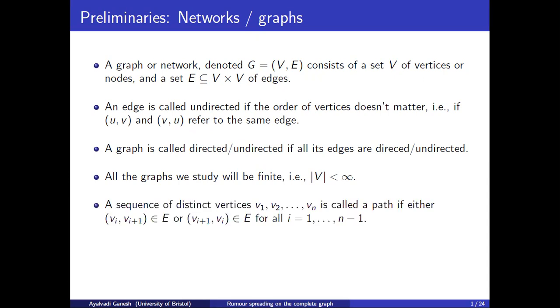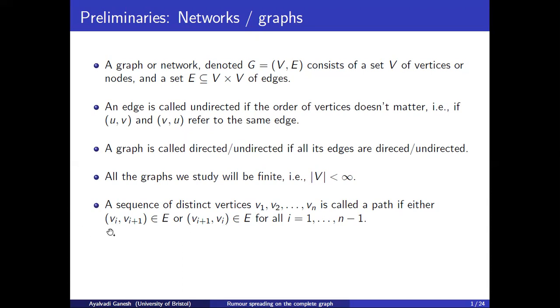So now I'm going to introduce some terminology which most of you may already be familiar with. The first thing we are going to define is a path. A path is a sequence of vertices such that for every two consecutive vertices in the sequence, so for each i and i plus 1, there is an edge from Vi to Vi plus 1 or from Vi plus 1 to Vi.